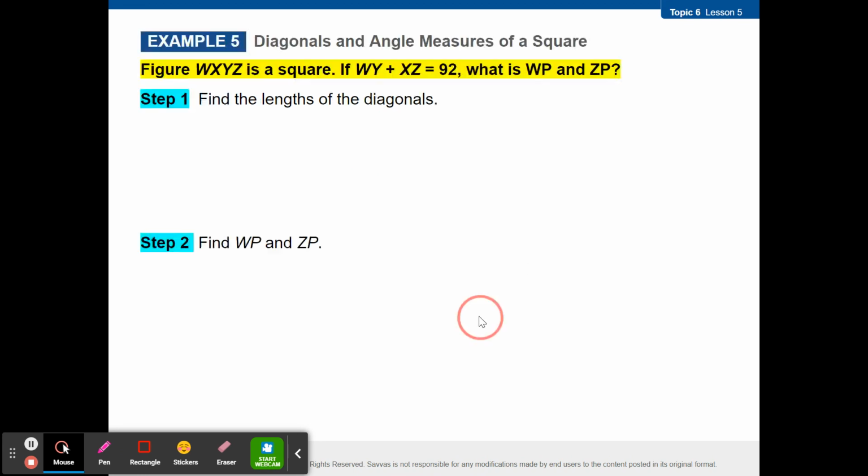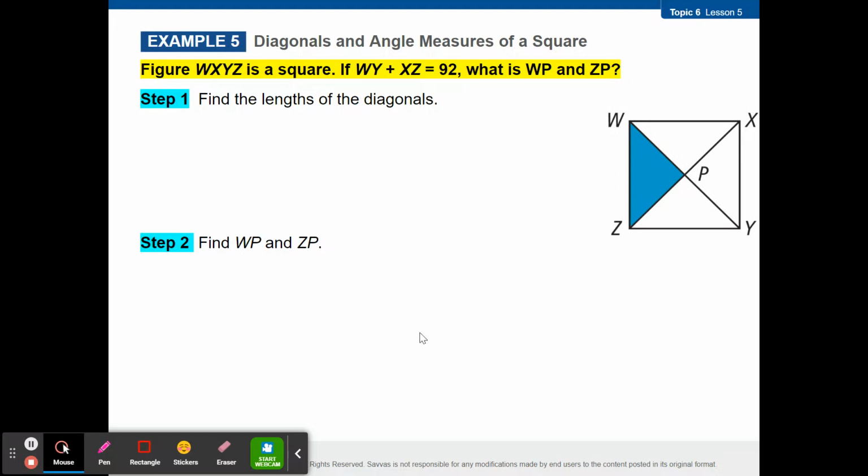All right, so figure WXYZ is a square. If WY plus XZ equals 92, what is WP and ZP? So find the lengths of the diagonals, and step 2 is find WP and ZP. So they are telling us that this guy right here and this guy is 92.